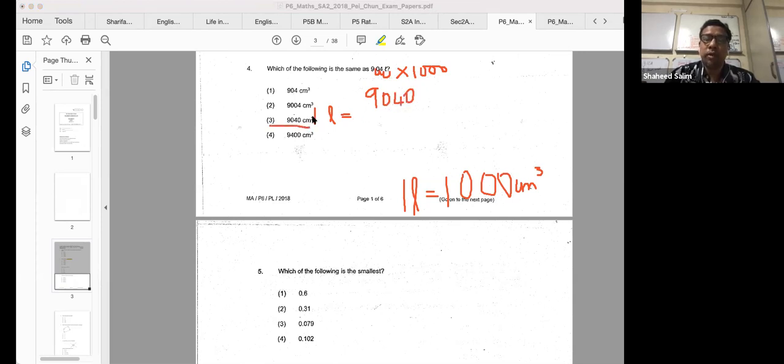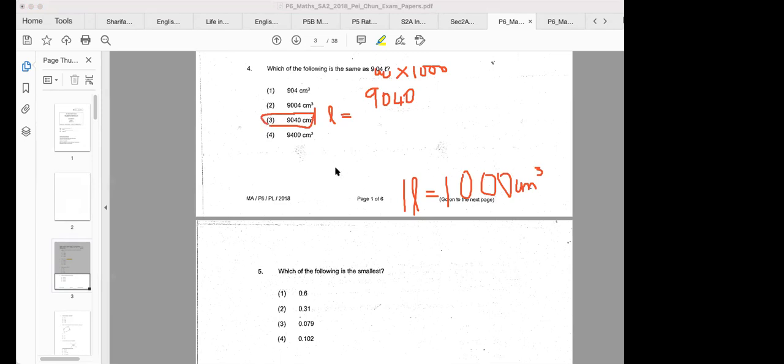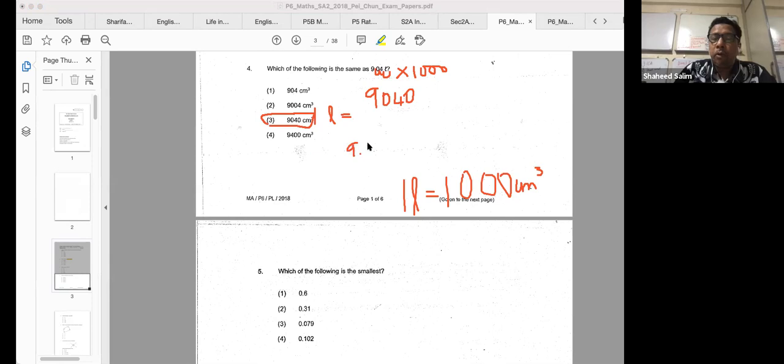This is number 3 here. They're working down here. 9.04 times 1,000 means 1, 2, 3. Okay, 904.